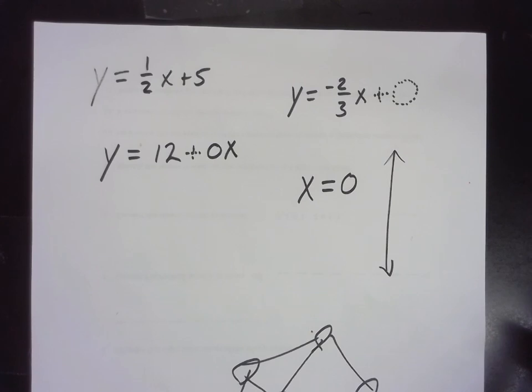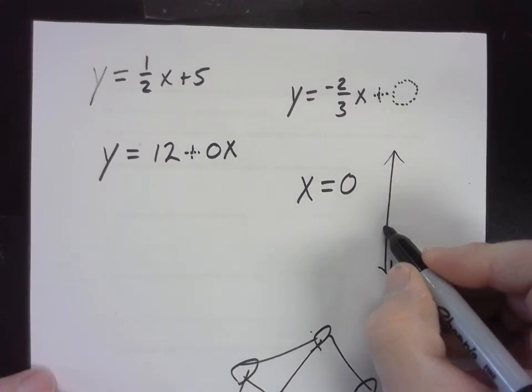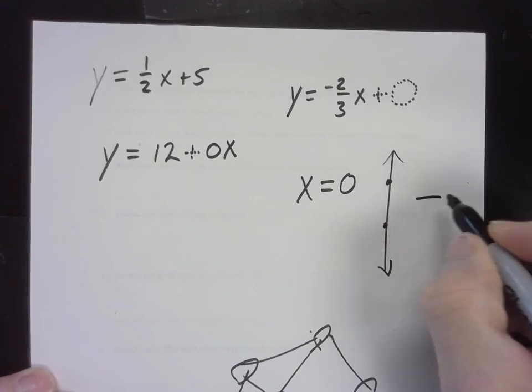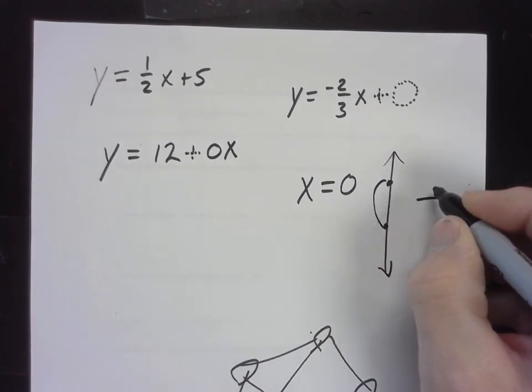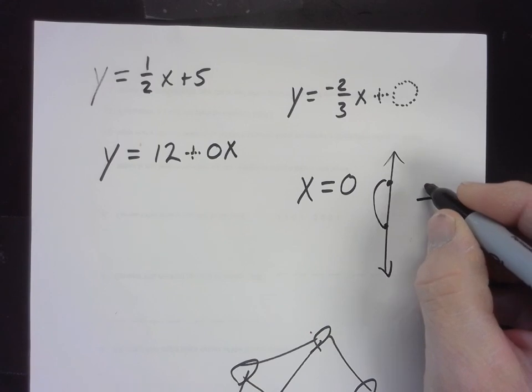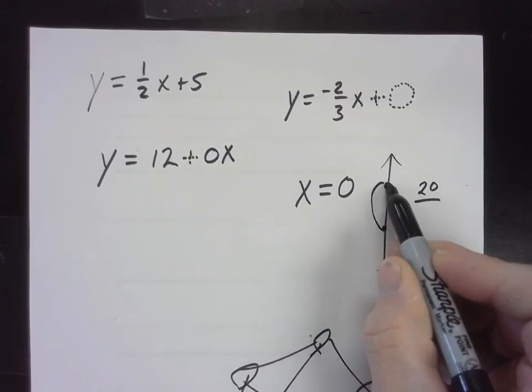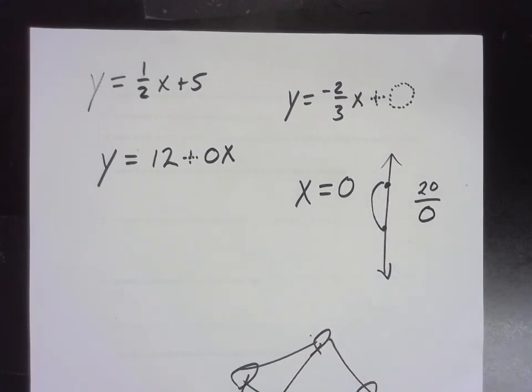Okay. The slope in this case, think about this. To go from here to here, my rise could be 1 or 10 or 15 or 20 or whatever it happens to be. But what is the run from here to here? Okay. Can you take 20 things and divide them up into 0 groups?